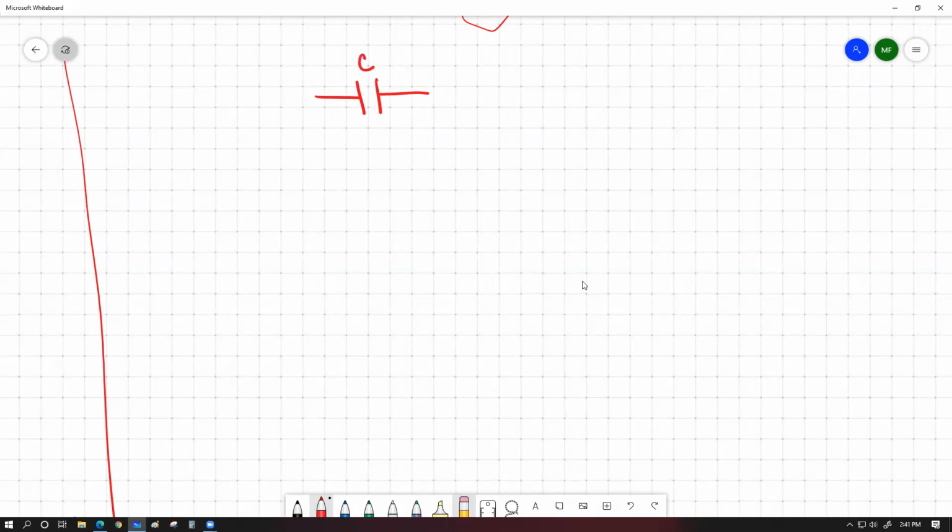Let's say all of those have capacitance C. This capacitance value could be anything, some farad, microfarad, picofarad, whatever. But we are going to consider identical capacitors. So let's consider one combination that looks like this.